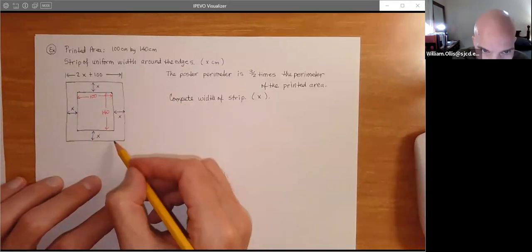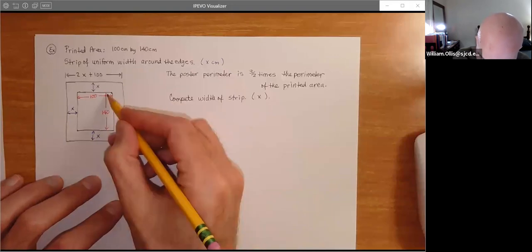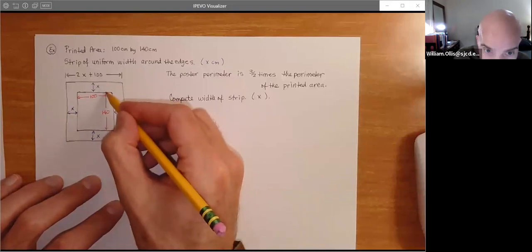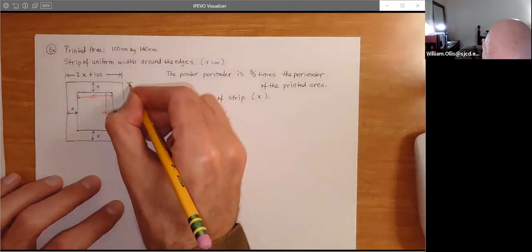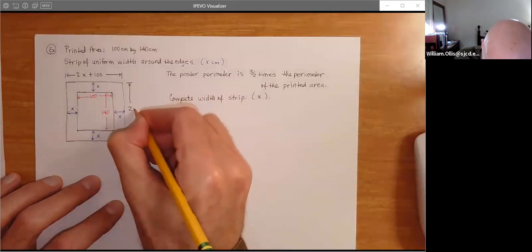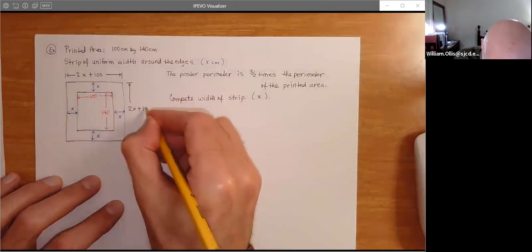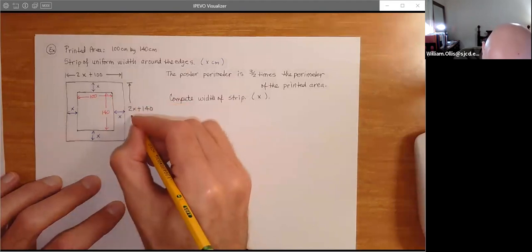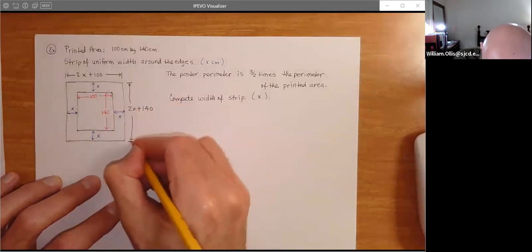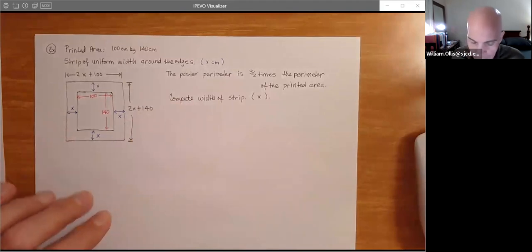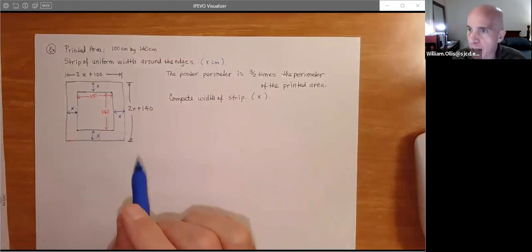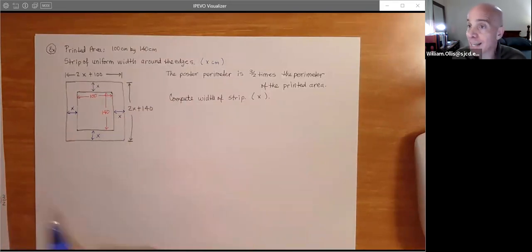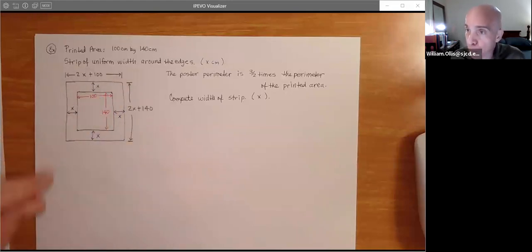Likewise, in this dimension, we have the 140, then the copy of X here and the copy of X here. This will give us 2X plus 140. So that is a simple way to figure out the length of an edge when we are discussing not only the poster, but also the printed area.